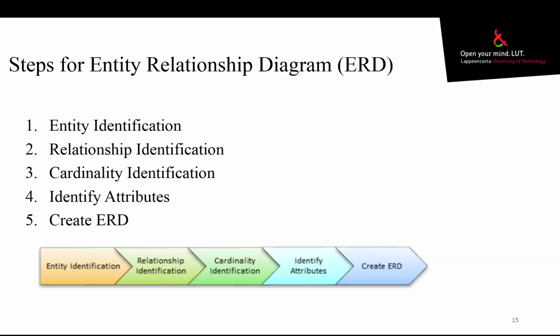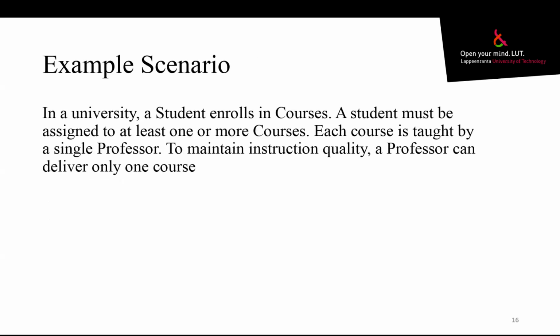Is it one to one, one to many? So that is the third aspect. And then the fourth is to identify attributes, basically qualities of each entity. So what uniquely identifies each entity? What are their qualities? You look at the attributes, and then once you have all this information, you create your entity relationship diagram.